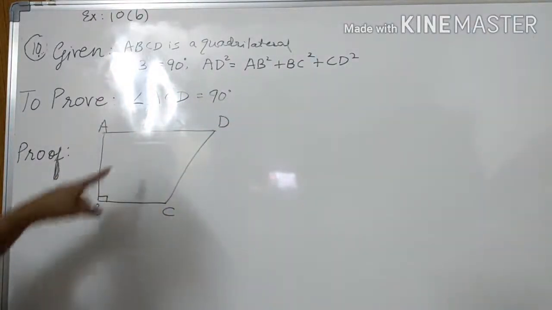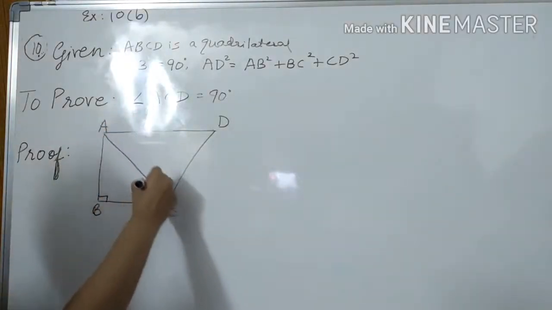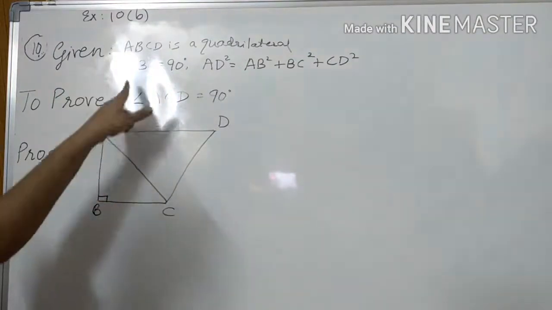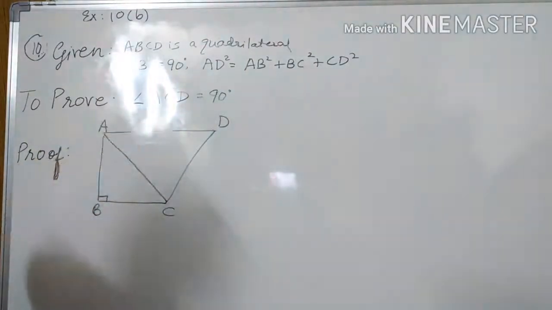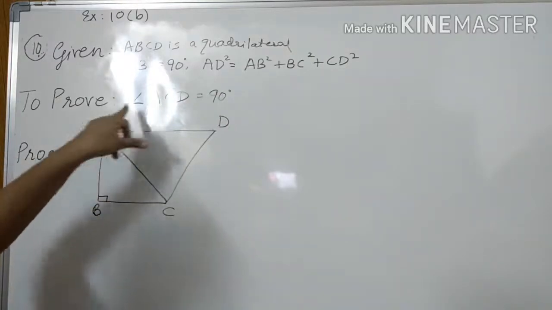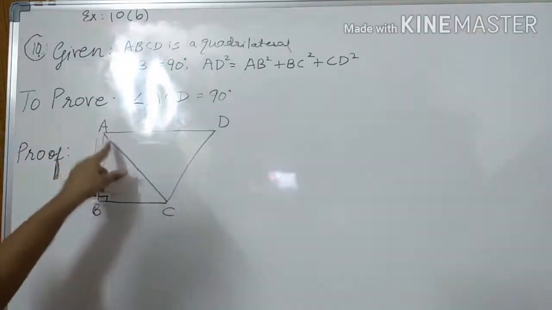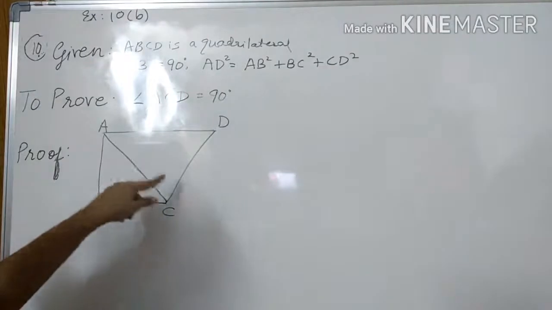Now we want to show ACD is 90, so I will join A to C here, which is a diagonal in this quadrilateral. Now students, this is already the given part, we will use it in our proof, and we want to prove ACD is equal to 90 degrees. So you have to think here that if I want to show that ACD is 90 degrees, then in this triangle ACD I have to prove Pythagoras theorem.